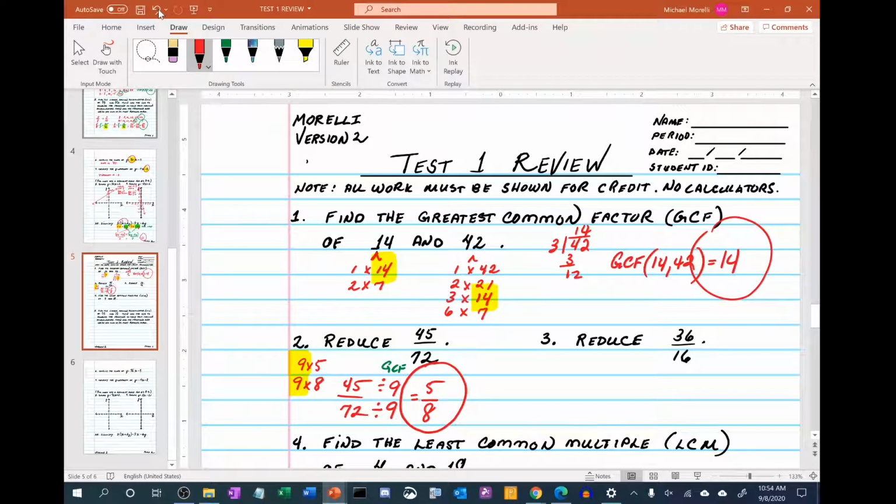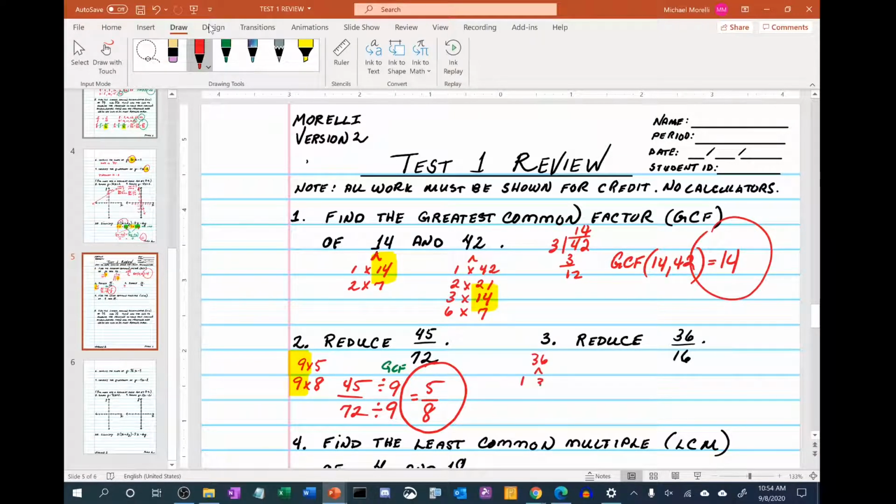And we're just going to repeat the process. 36 over 16. The fact that it's an improper fraction doesn't mean anything. So number 3, reduce 36 over 16. Well, 6 times 6 is 36. Here, I'm going to write it out correctly. So I'm going to take 36 and break it down.